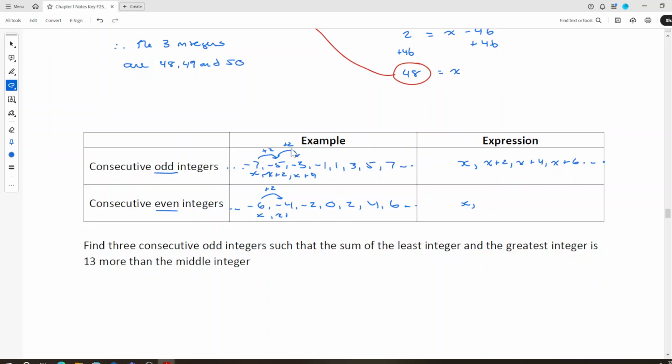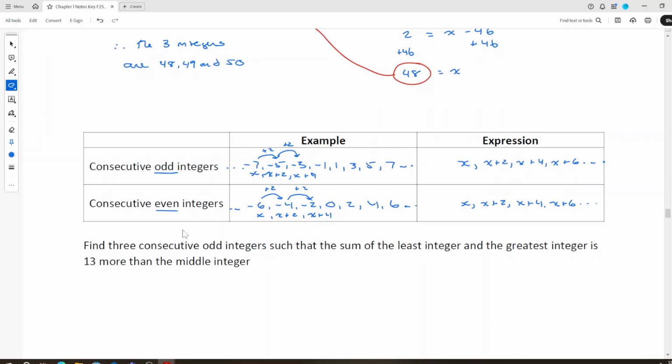So the next integer would be x plus 2. To get to the next integer, you'd add another 2. You have to skip -3. So you'd have x plus 4. And then x plus 6, and so on. In other words, it doesn't matter whether they're consecutive odd or consecutive even integers. It's always x, x plus 2, x plus 4.